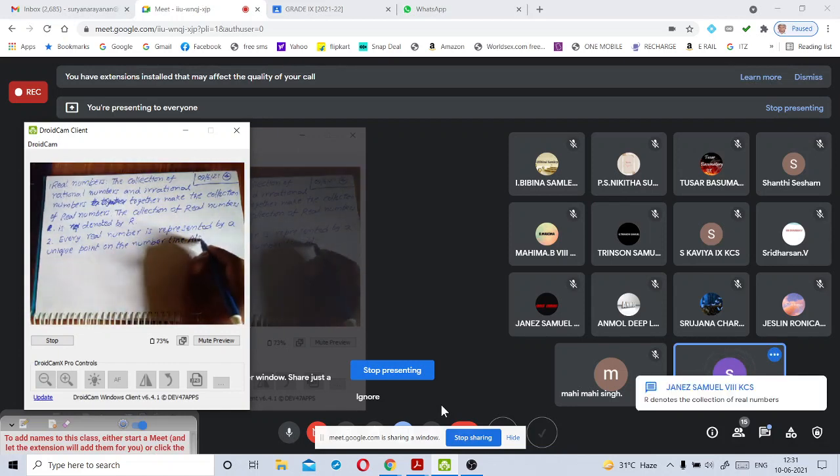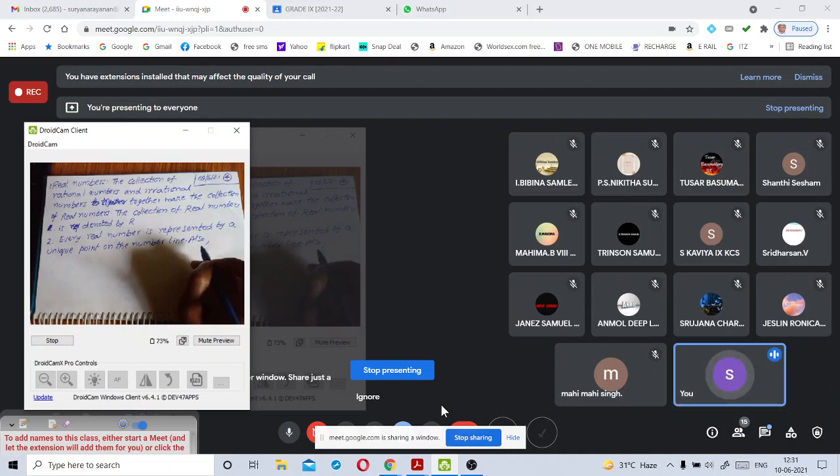Also, R denotes the collection of real numbers. Remember this point.